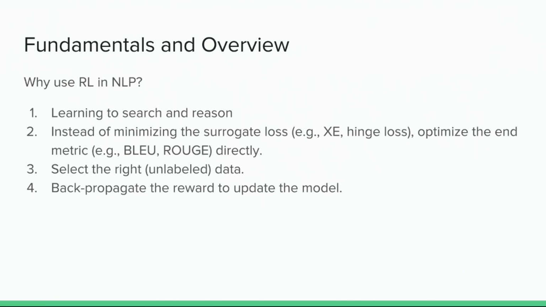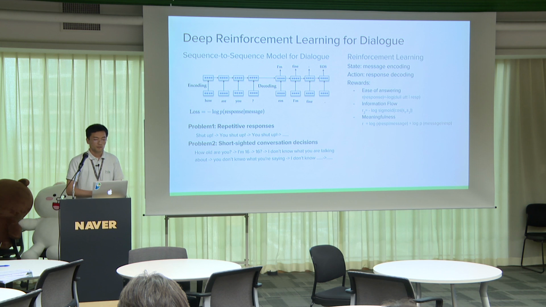And sometimes, instead of minimizing the surrogate loss, such as cross entropy, we want to directly optimize the metric. And we can use RL to select unlabeled data and backpropagate reward to update the model, because sometimes the model is not differentiable and we want RL to sample the gradients.